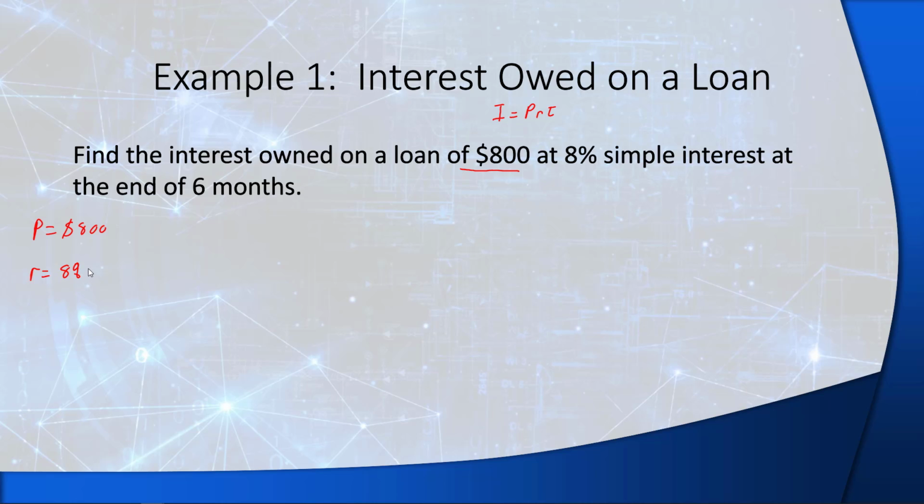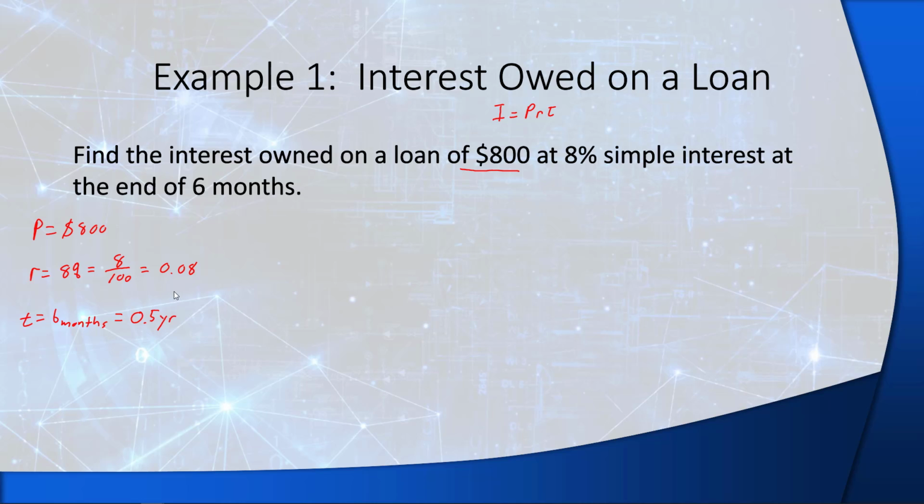Now, once again, we cannot use R as a percentage. We need to convert it to a decimal, and we can do that by dividing 8 by 100. And that will give us 0.08. And then T is 6 months. However, we cannot work with 6 months. We need to convert this to a year. And we know that 6 months is equal to 1/2 of a year.